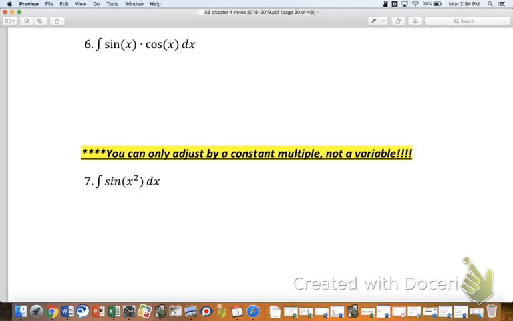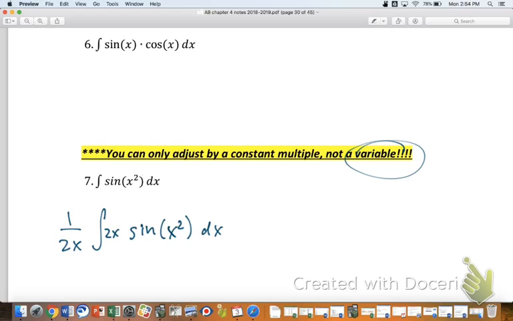If you ever find yourself saying, all right, well, I can fix this by multiplying the inside by 2x and the outside by 1 over 2x, it's the wrong form. You cannot adjust by a variable like an x. You can only adjust by a constant multiple.